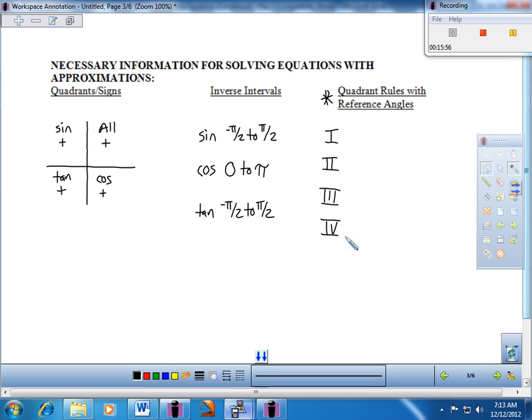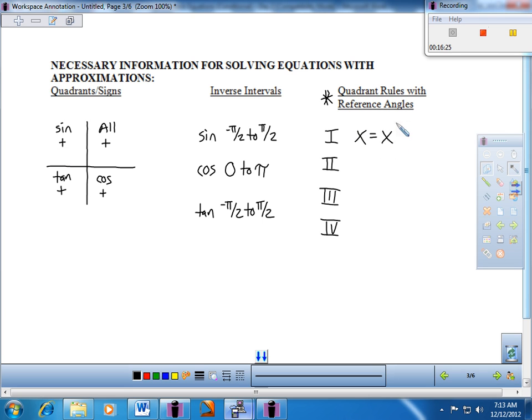So the prospect here is, if I have the reference angle, how can I get the true angle measure? If I know my reference angle, which we're going to call x prime, how can I get the angle in quadrant 4 that meets it? And same in quadrant 3, same in quadrant 2, etc. So these were the rules that we applied way back when.